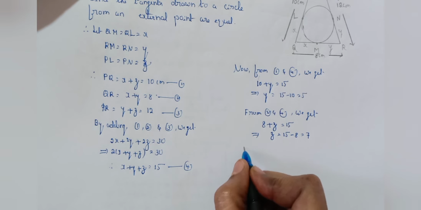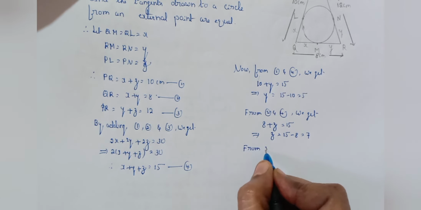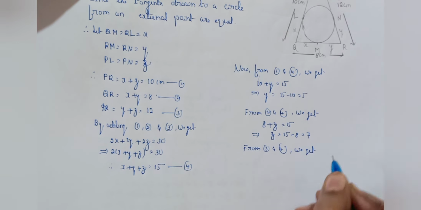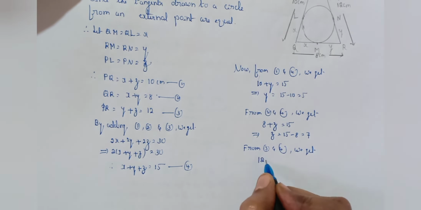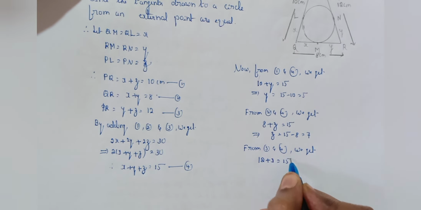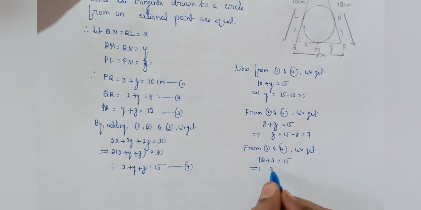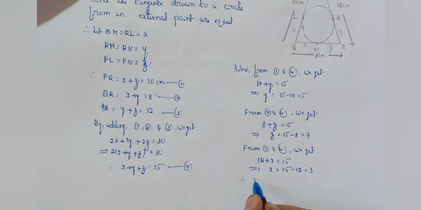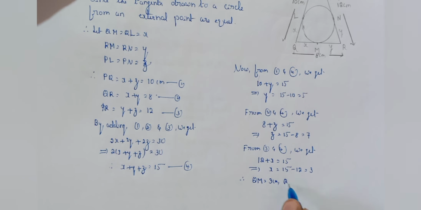And from 3 and 4, we get 12 plus x is equal to 15. So, x is equal to 15 minus 12 equals 3 centimeter. Therefore, QM is equal to 3 centimeter, RN is equal to 5 centimeter and PL is equal to 7 centimeter.